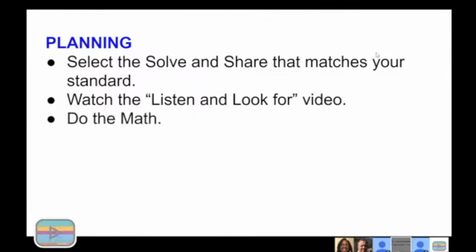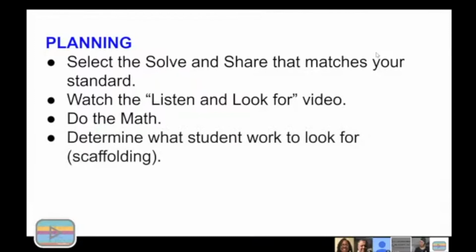So you need to do the math and do it more than once. Work it 2 or 3 different ways that you think your students might work it, and try to scaffold those different ways. Really think about the math that's involved. Then you're going to determine what student work you're going to look for and how you're going to scaffold it from what you've worked on and what you've seen in the video.